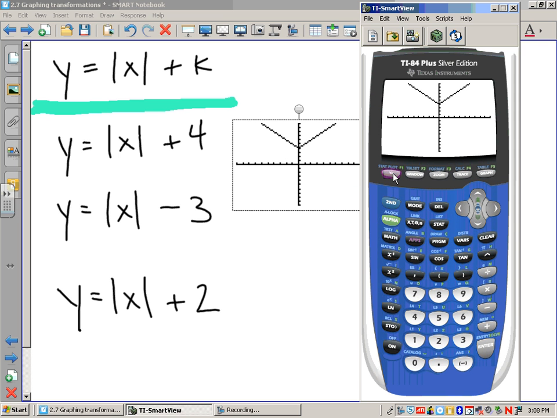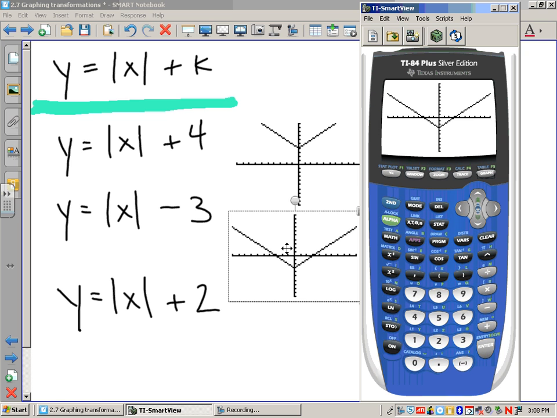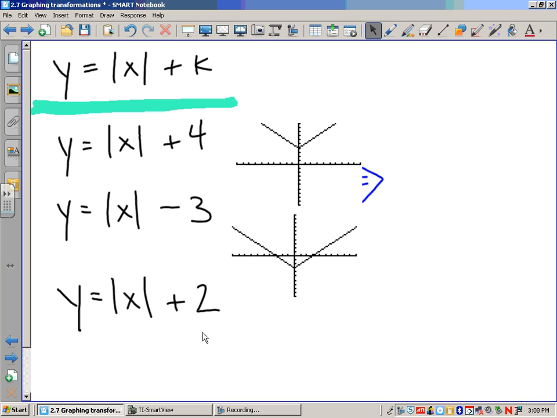If we look at the absolute value of x minus 3, the V shape has moved down 3. So the absolute value of x plus 2 is going to move up 2. So it appears that what this k is doing is making it go up or down on the y-axis.